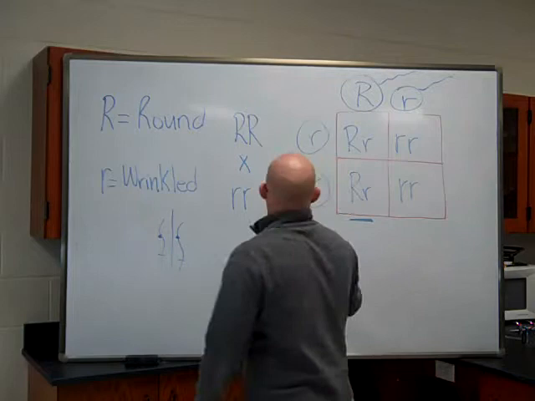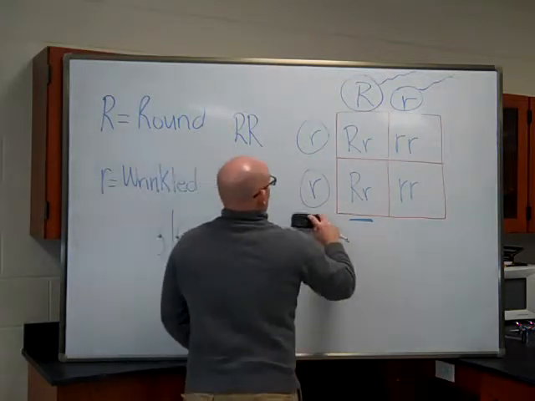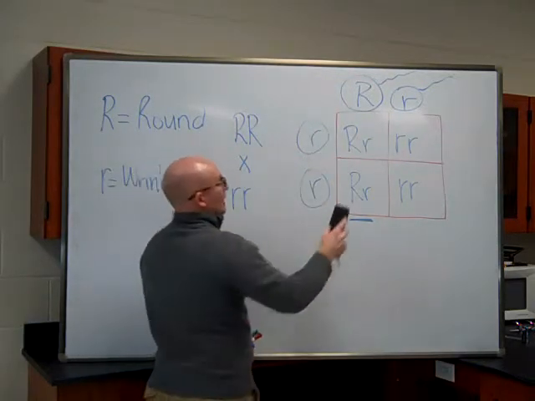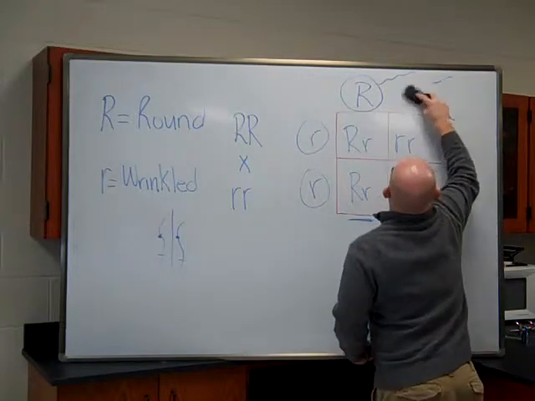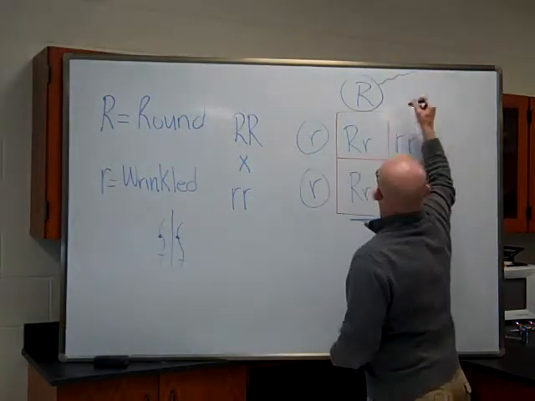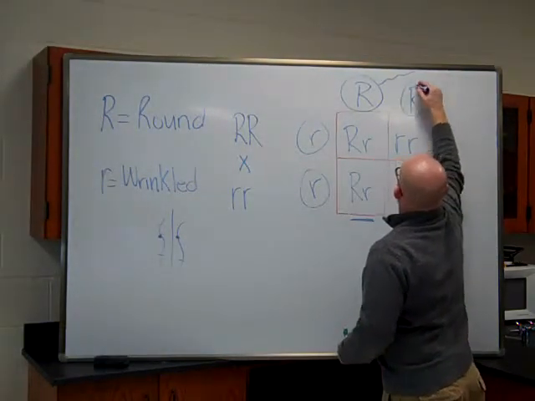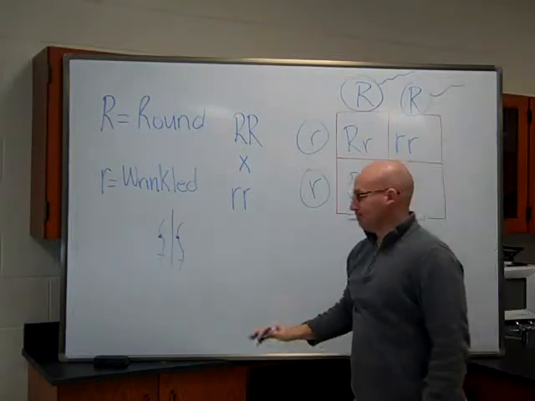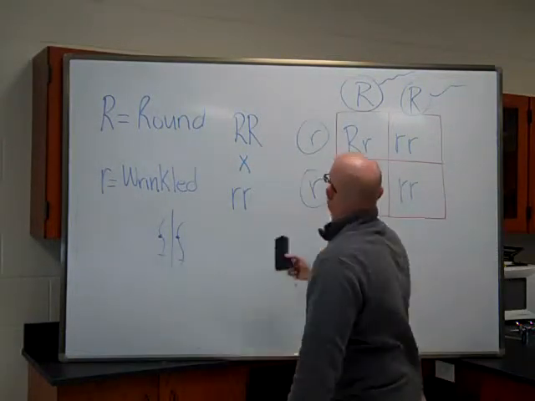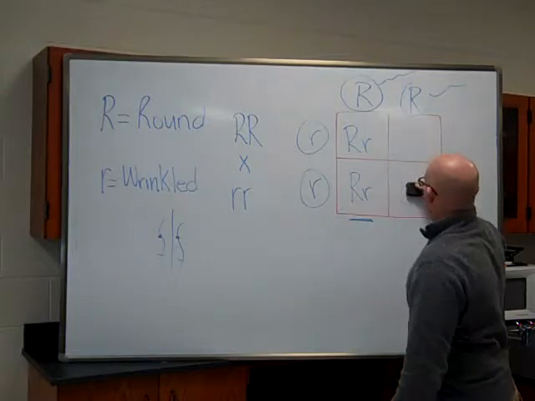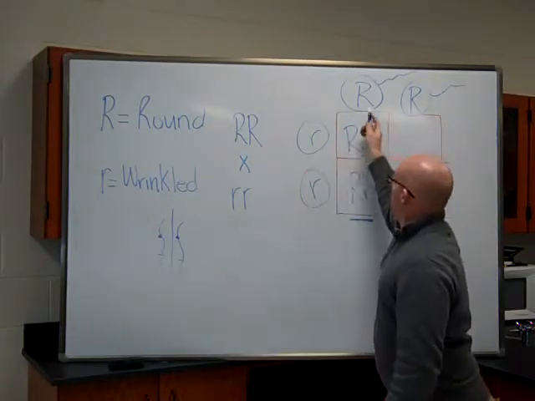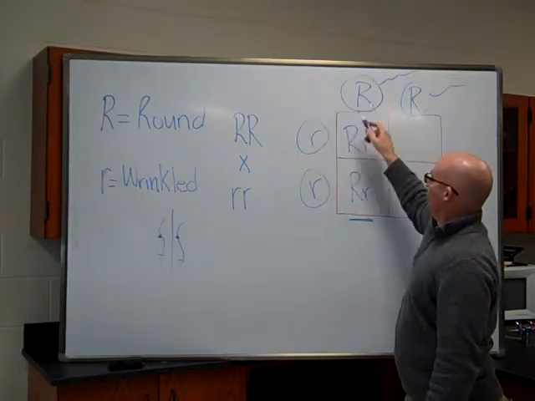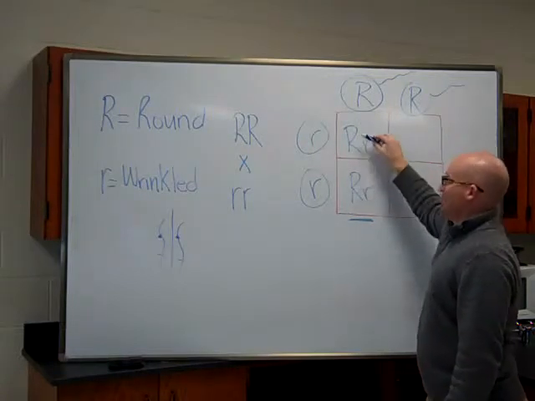Okay, so we set up our Punnett square. We have little r, we will leave that there. But in this case, we have big R, big R. Now this is going to change everything. Okay? This big R times this little r, big R, little r, we're still going to have these two be the same genotype.